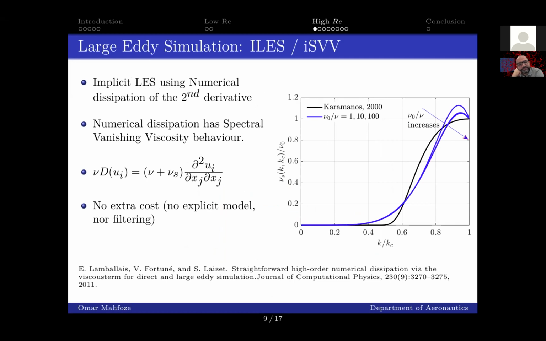Okay, so for this current ILES study, I tried to keep the wall resolution as close as possible to the DNS because I want to have a well-resolved boundary layer, especially if we apply the control at the boundary layer. So I don't want to miss any significant structures here.